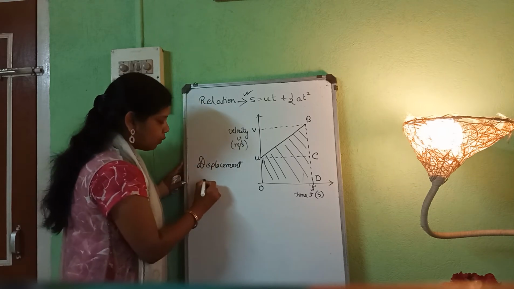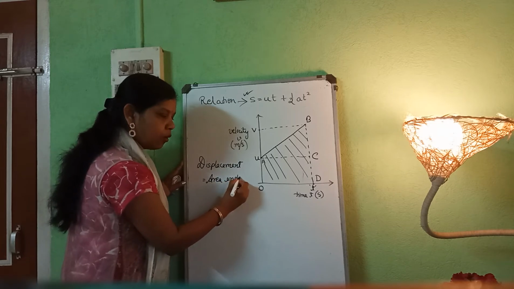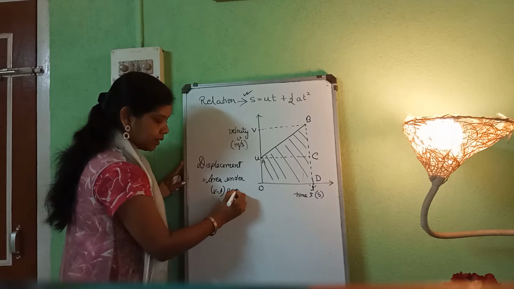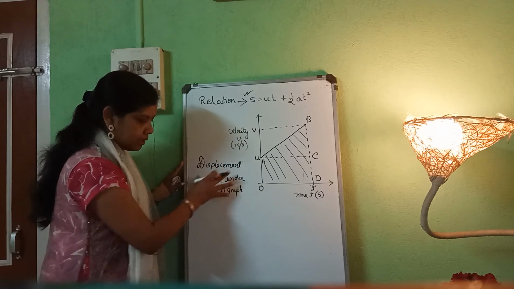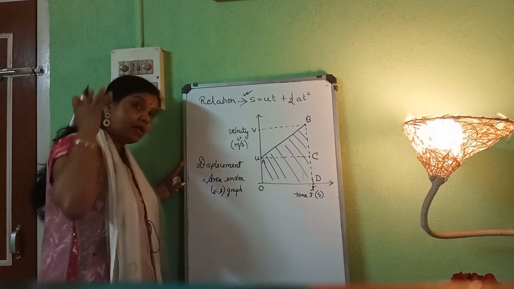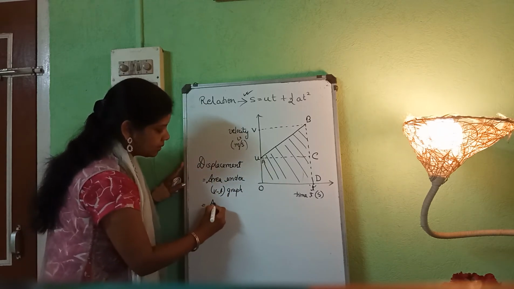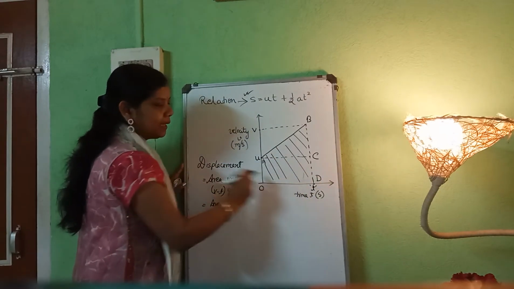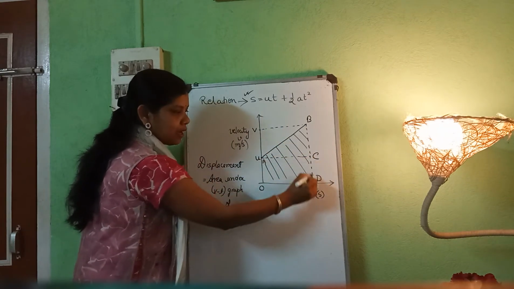So displacement equals the area under the VT graph. I hope everyone has understood the previous topic. Now, if I want to calculate the entire area, I can think of the area of this triangle plus the area of this rectangle.